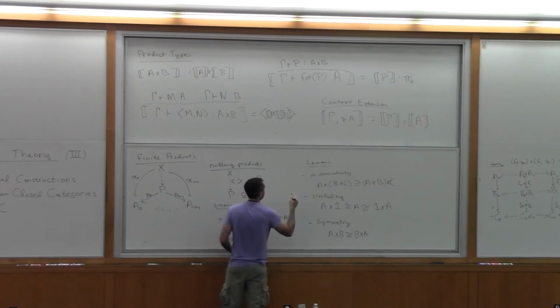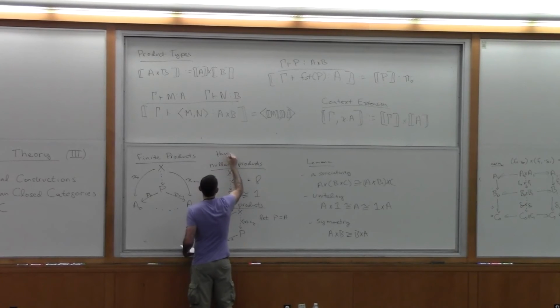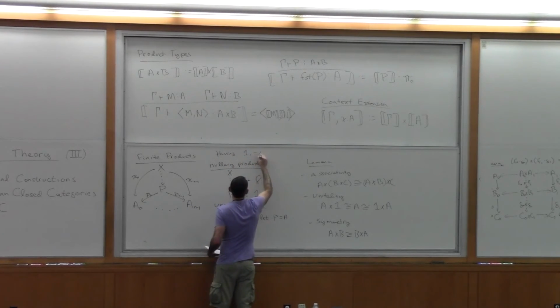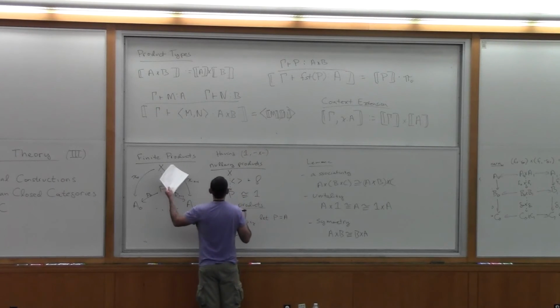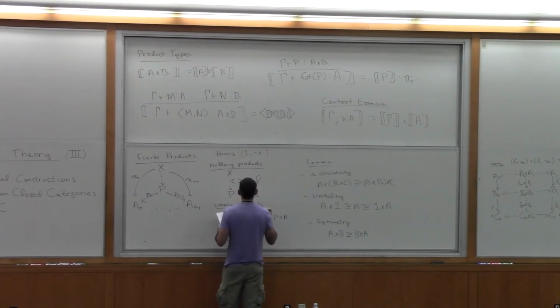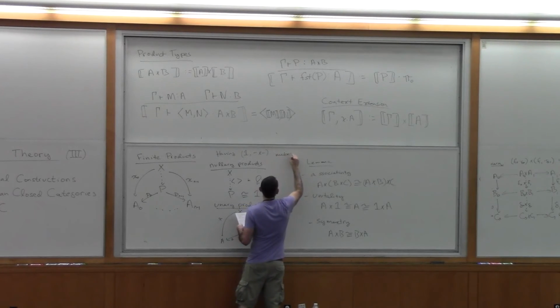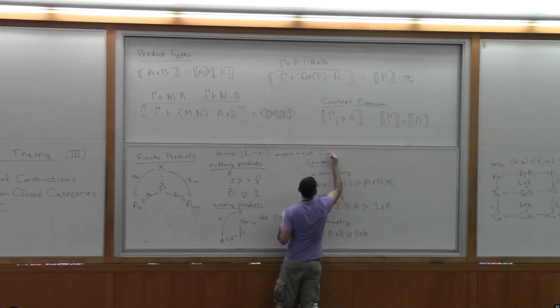Okay. Having a terminal object and a binary product is the same thing as having all finite products. And a category that has those things, okay, grammatically I've painted myself into a corner, makes a category Cartesian.